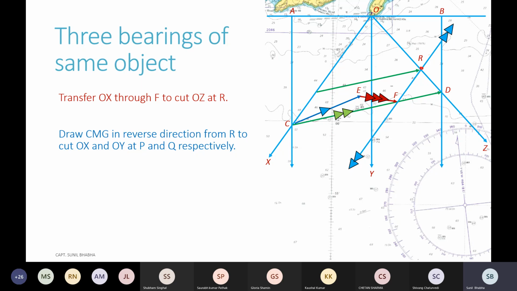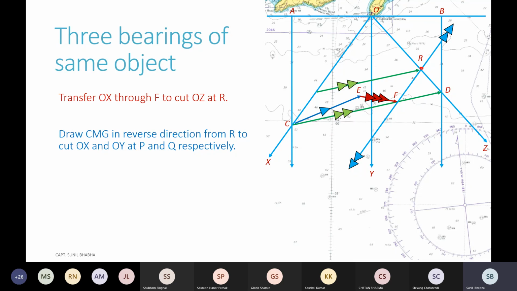Now once you draw this course made good from point R in the reverse direction, you will see it will cut our first bearing line OX and the second bearing line OY.